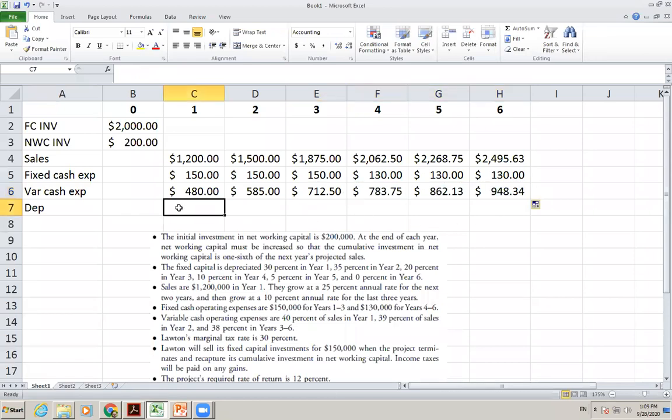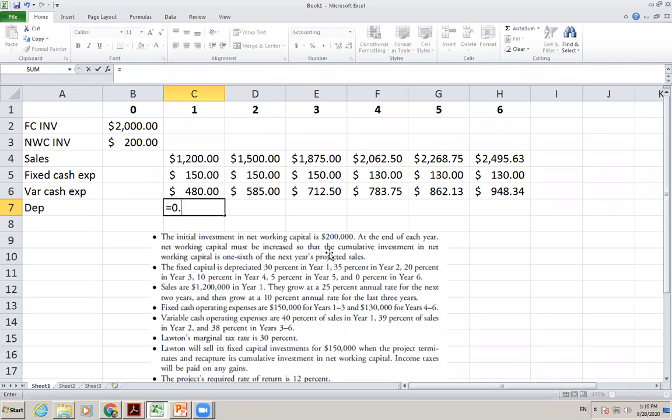And depreciation is given as well. Fixed capital is depreciated 30% in year 1, 35% in year 2, 20% in year 3. It seems that it goes with the modified accelerated recovery system depreciation.